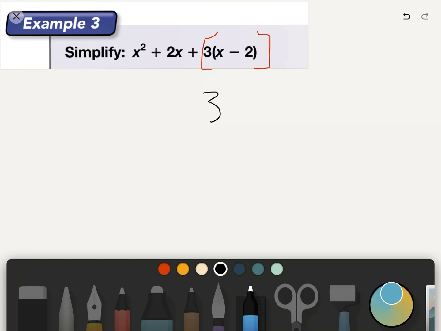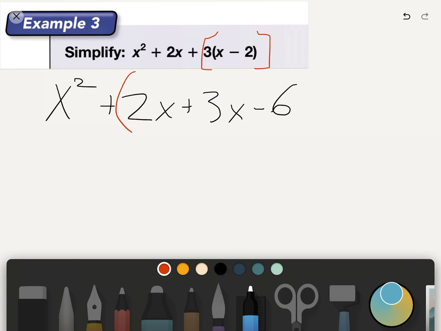So we can just bring that down for 3x minus 6. So now looking at our x squared plus 2x plus 3x minus 6.